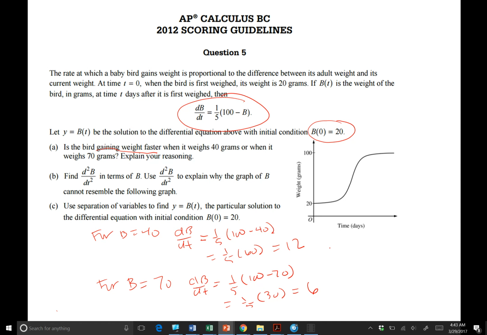So you would say something along the lines of, to explain your reasoning: since 12 is greater than 6, the bird is gaining weight faster when it weighs 40 grams.